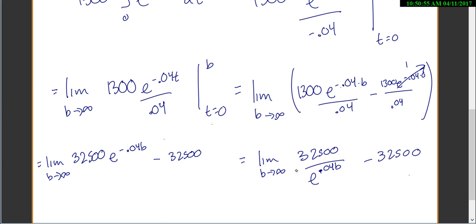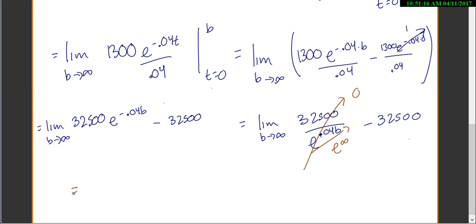So when I look at this, if I was to plug in the infinity, I'm going to have an infinity here. And so I'm going to have e raised to the power of infinity. And if I have anything divided by a really, really big number, then that whole thing goes to 0. So we just get a negative 32,500.